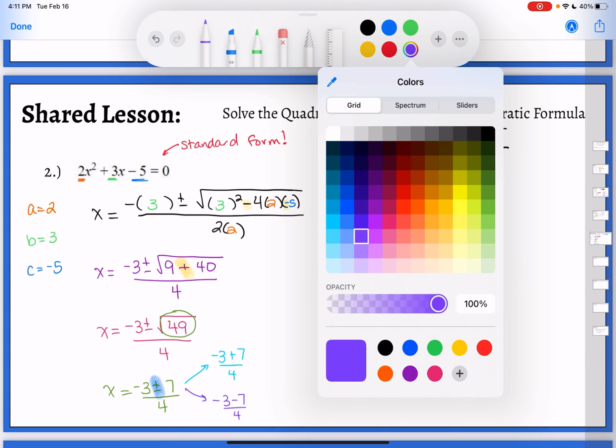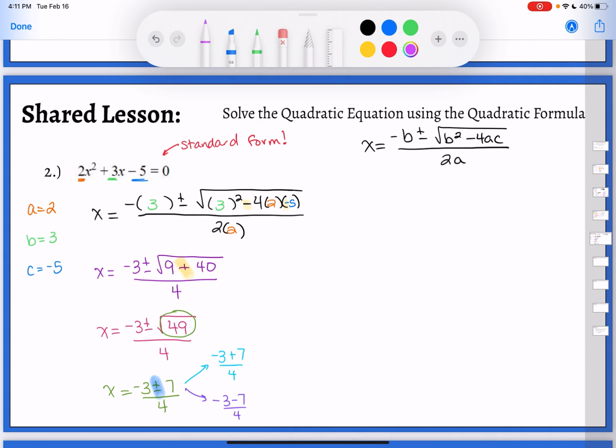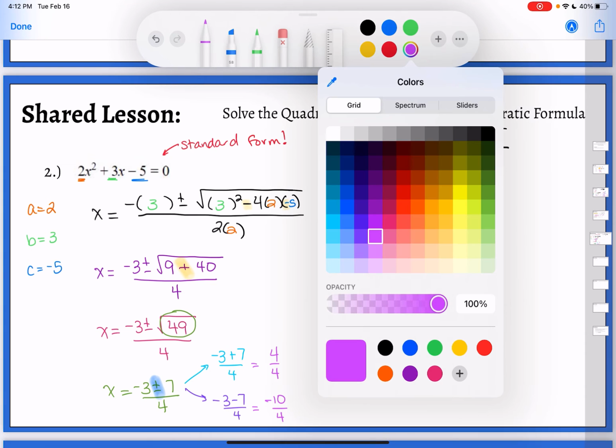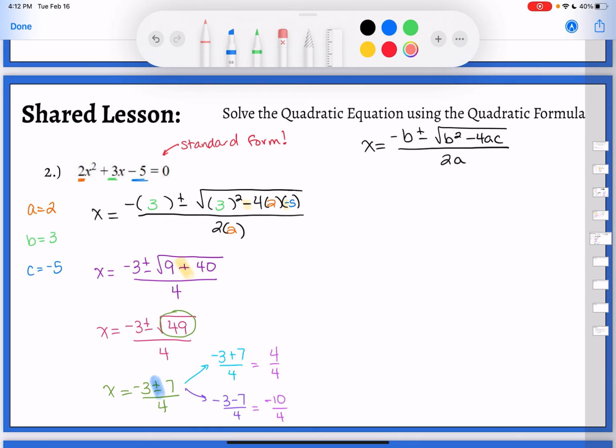So let's see, negative 3 plus 7 gives me 4 over 4 on the top one. Negative 3 minus 7 gives me negative 10 over 4 on the bottom one. 4 over 4 is 1. Negative 10 over 4, I can divide both of those by 2, and I get negative 5 halves.